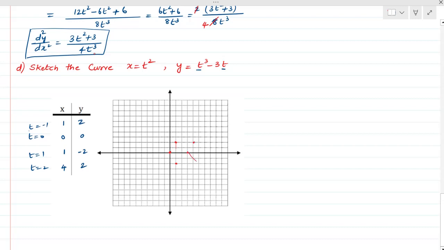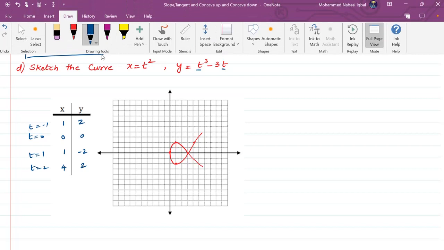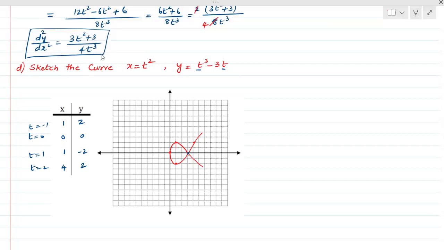So it goes up first and then it will rotate. What is this point? This point is 3 comma 0, where it is mentioned in the question. This is t equal minus 1, this is t equal 0. It is moving this side, and this one is t equal 1, and this is t equal 2.